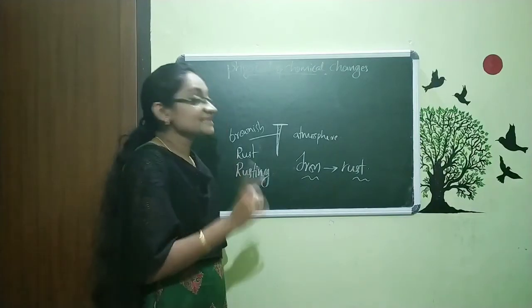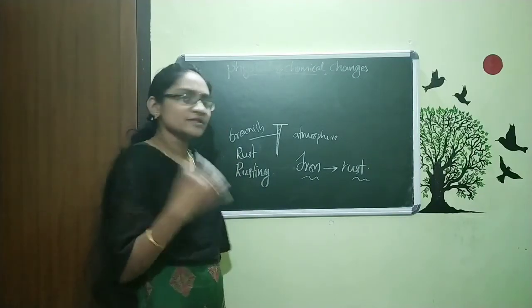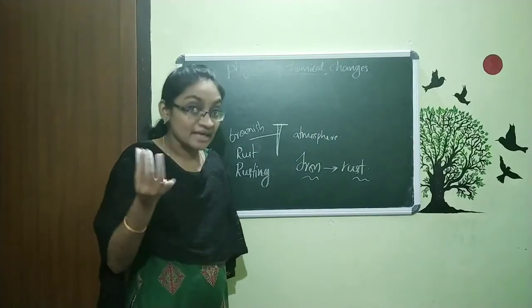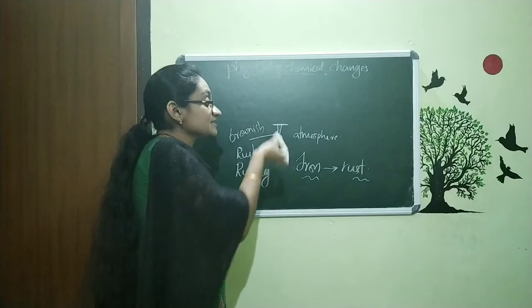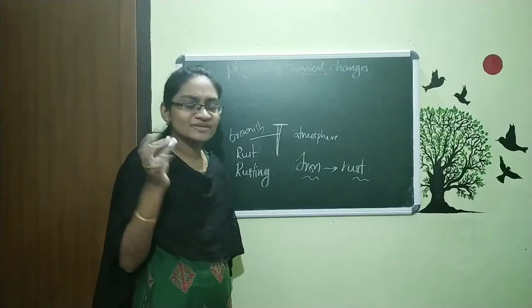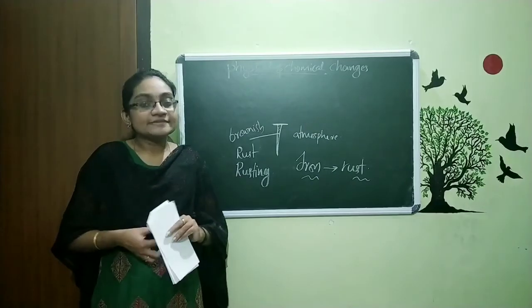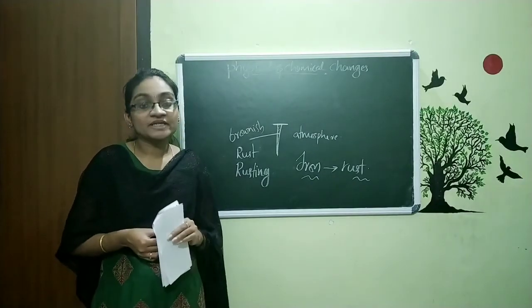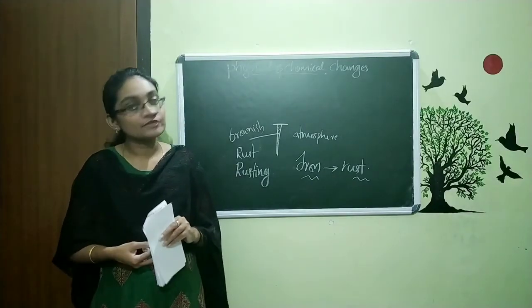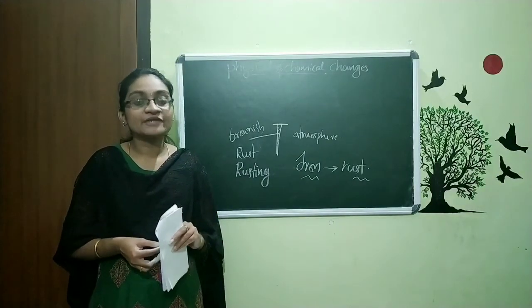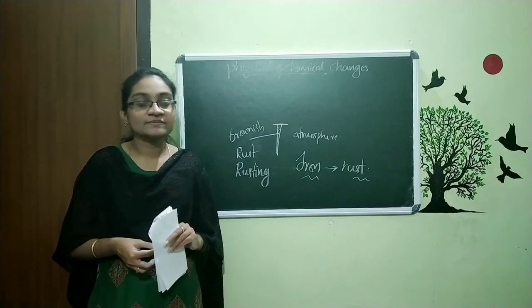We will check it in the next class. Just think: is the color of iron and rust the same, or do they have the same properties? You can observe or search for all these things. We will discuss this topic in the next class, and we will continue with chemical changes. It's enough for today. Read your textbook 3-4 times, and we will meet in the next class.